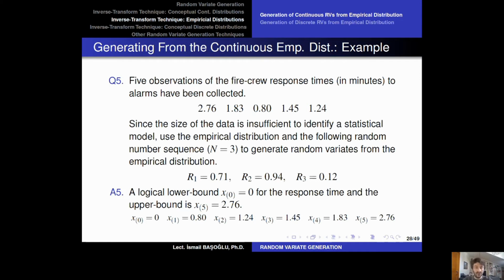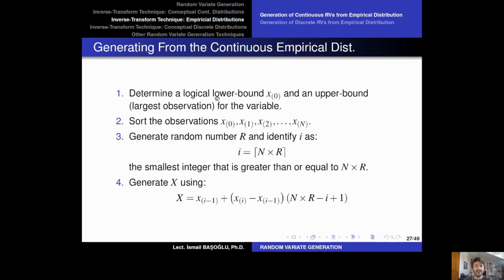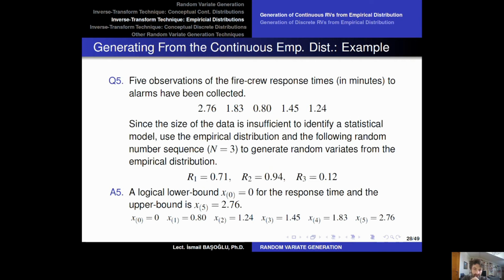Now, how do we start the algorithm? It says, find a logical lower bound and a logical upper bound for the variable. What is a logical lower bound here? You can use x1 as x0, but technically this is not true. Why? Does this mean that every response time will take at least 0.80 minutes? Actually, if the fire is happening in the fire station itself, the response time is going to be 0.